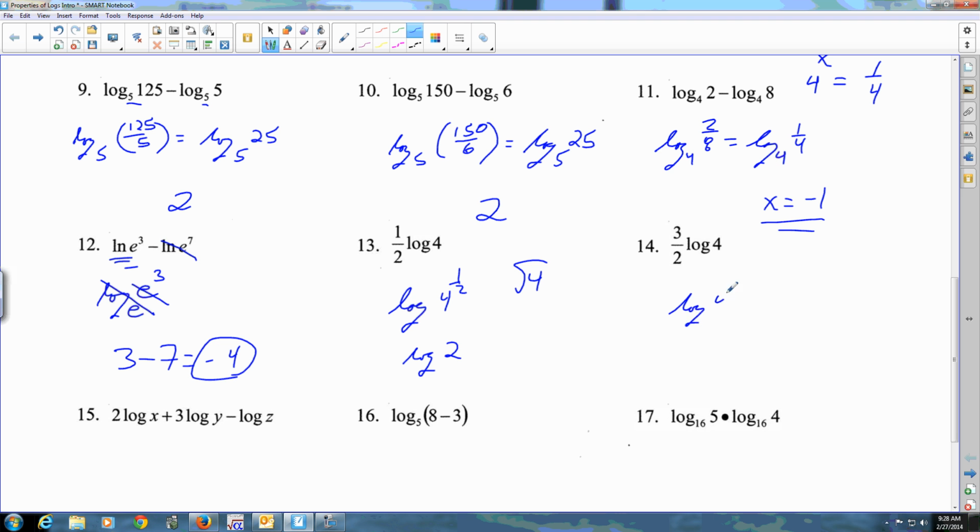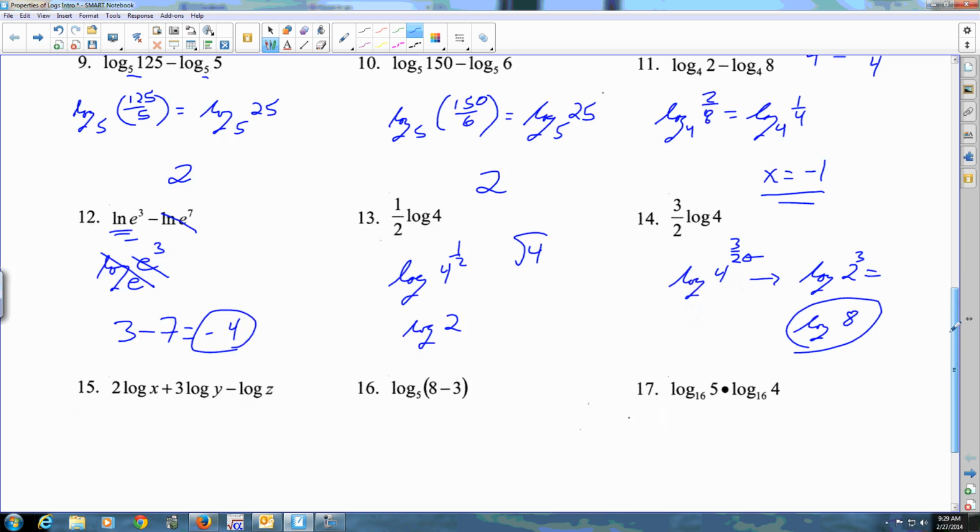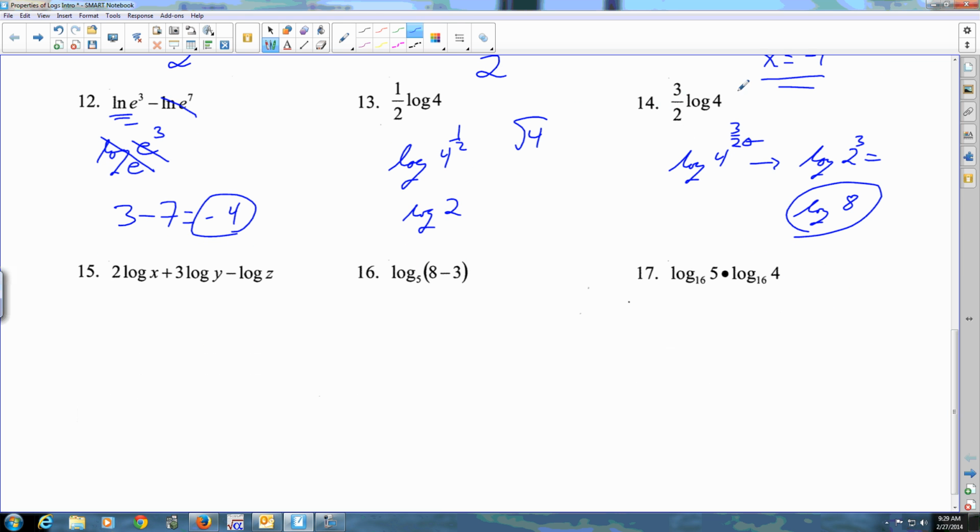Log of 4 to the 3 halves. Remember, that's a root, so the square root of 4 is 2, so this would become log of 2 cubed, which is log of 8. Okay, so that would be your final answer right there. You're not solving it, you're just using the properties, pushing it back, and simplifying it.